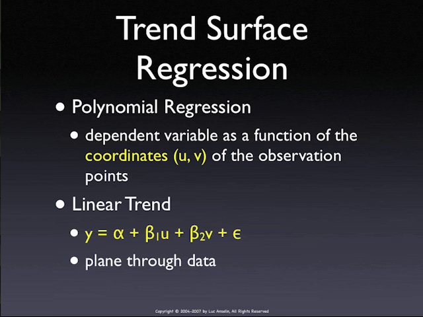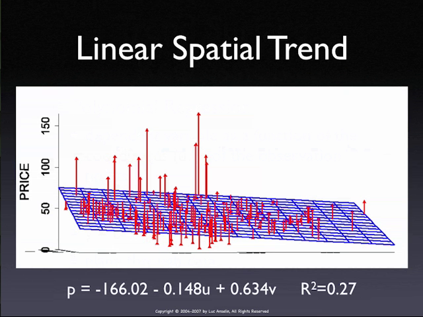So a trend is a polynomial regression where the explanatory variables are powers of the latitude and longitude. The simplest case is a linear trend, which is simply fitting a plane through the data. So the information that provides to you is whether or not there is some systematic change of the phenomenon of interest.